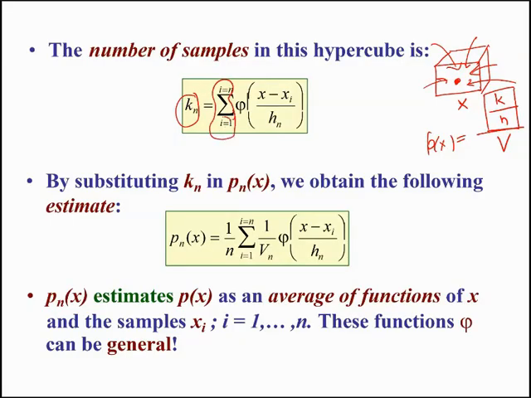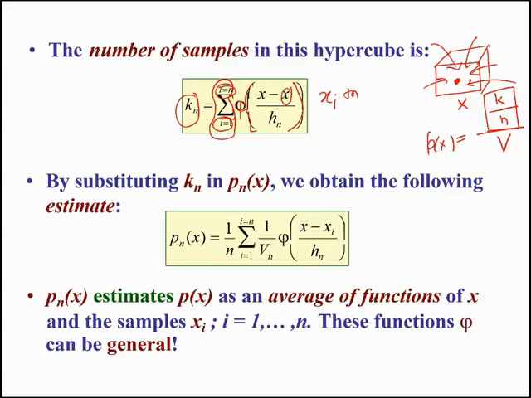You can see i equal to 1 to n, and this psi function is doing the job of checking whether the x_i, that is the i-th training sample, is falling in this box or not.